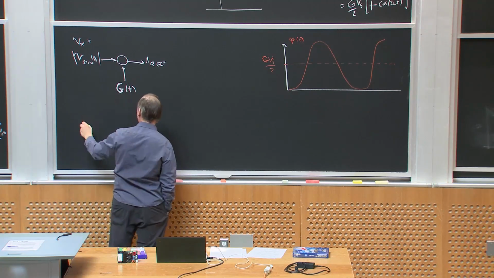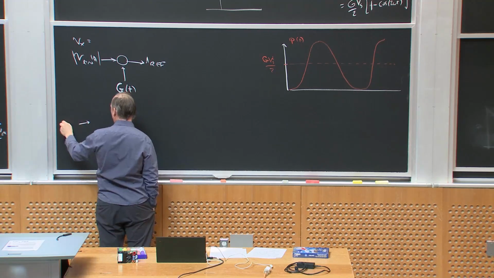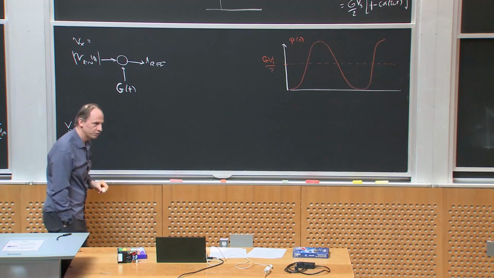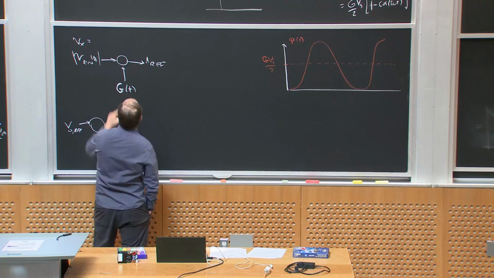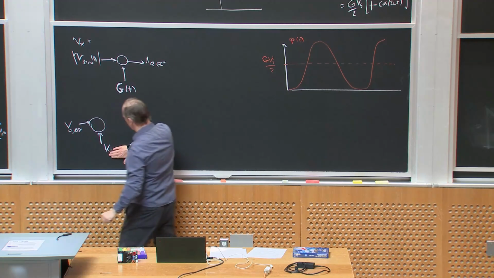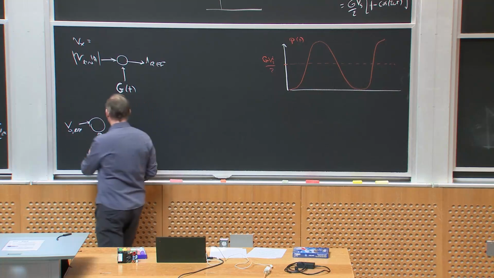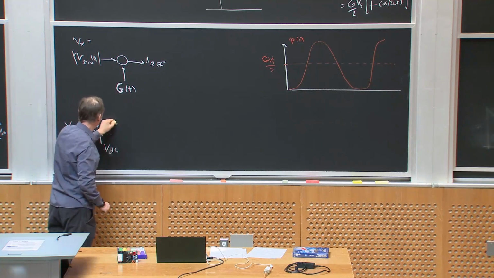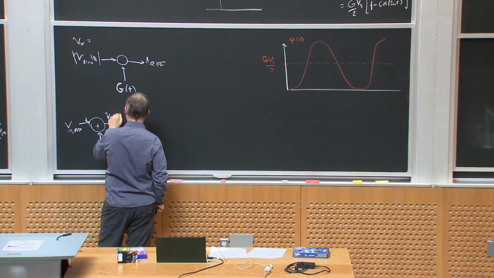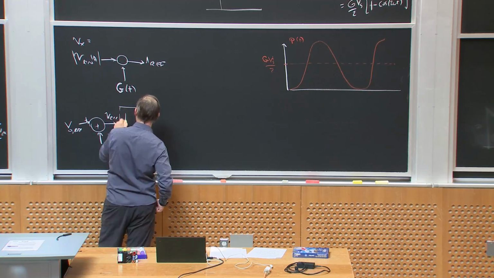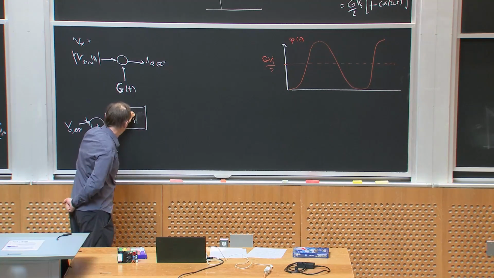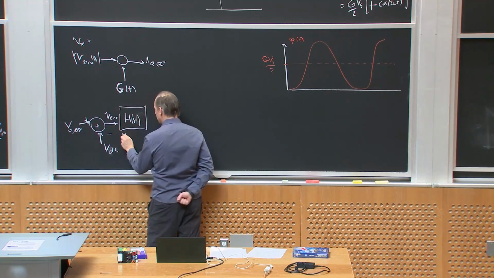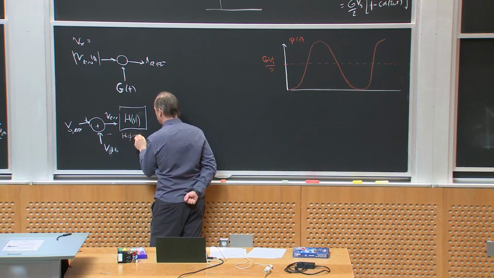Now what I'll do is I will measure V out. I'll have an output reference, VO ref. Maybe that's 400 volts. I'll go to the output of the boost converter, which I called VDC, and measure it. I'll take the difference between these two, and I'll have an error voltage, and then I'm going to run that into a compensator, H of S, and this is a high gain, right?